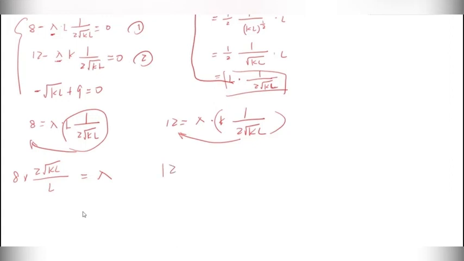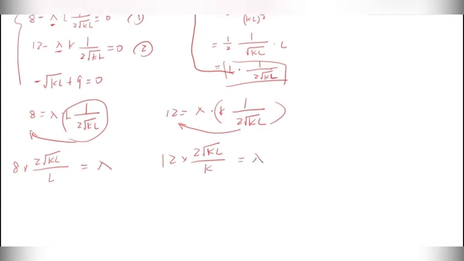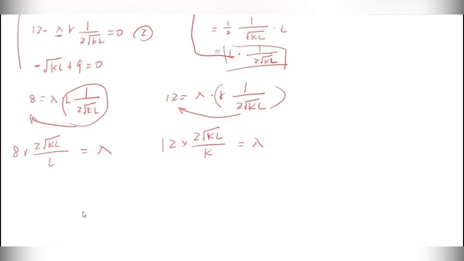So 8 times square root of KL over L equals lambda. For the other, 12 times square root of KL over K equals lambda. So here has lambda, here has lambda; this is 1, this is 2.